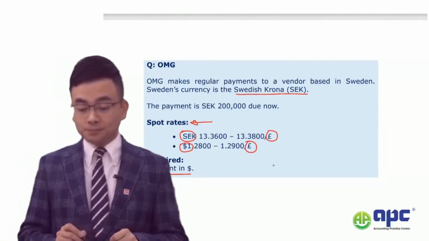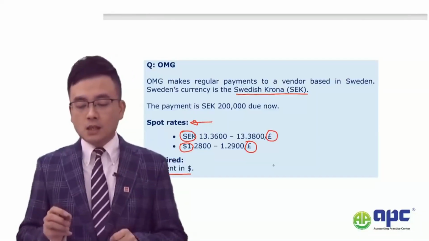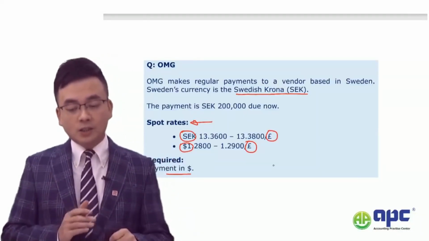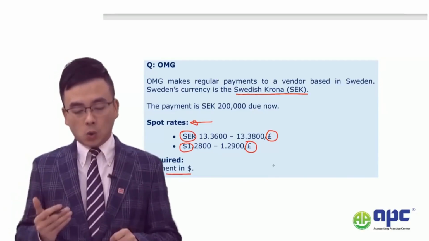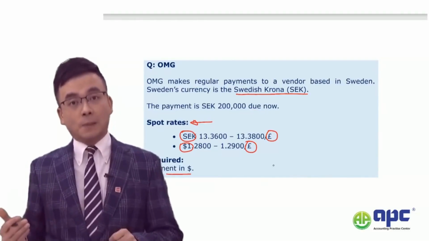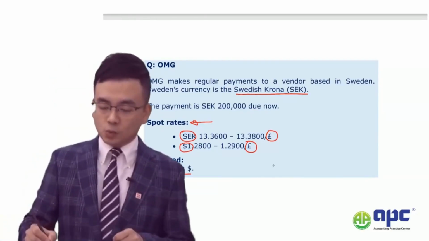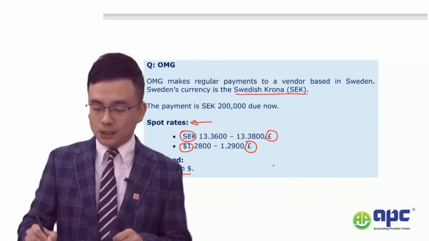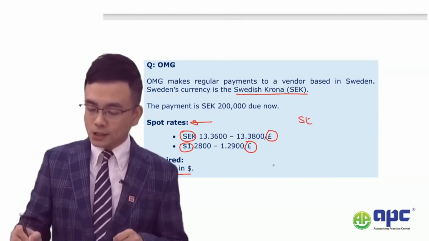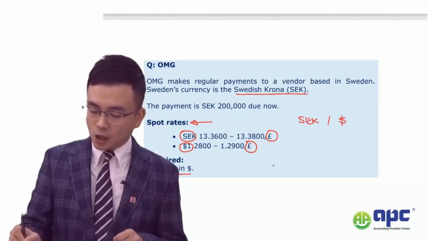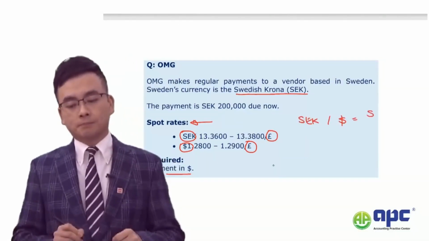So it's the SEK, Swedish krona, to the UK pound, or dollar to the UK pound. So we need to work out, for example, the SEK to dollar, which means we take SEK over dollar.